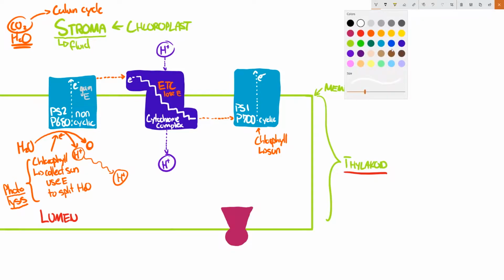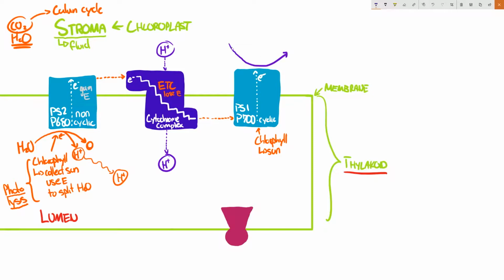What is going to pick them up is NADP+. We call this an electron carrier. You'll note that it has a positive denotation. If it's positive, it means it is ready to accept something negative. It is ready to accept an electron and form a bond. Now, at this point, all over the stroma, we have hydrogen ions everywhere. They're just floating.